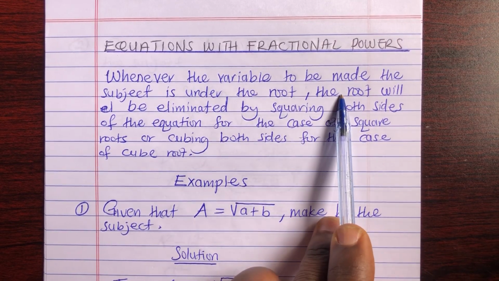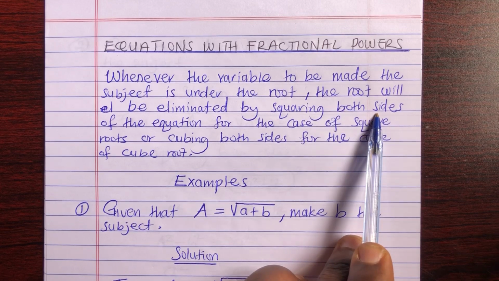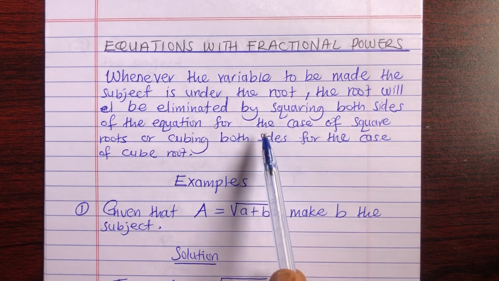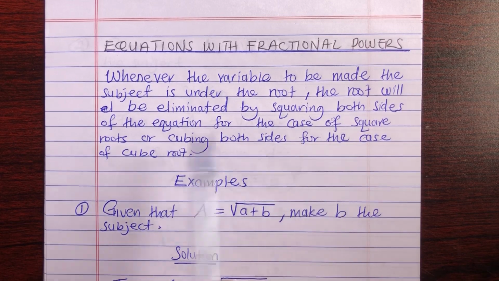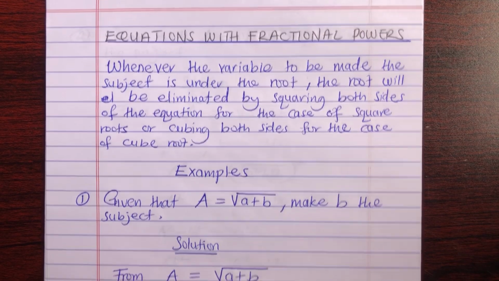The root will be eliminated by squaring both sides of the equation for the case of square roots, or cubing both sides for the case of the cube root, or any other power will be handled accordingly. Let us look at examples.